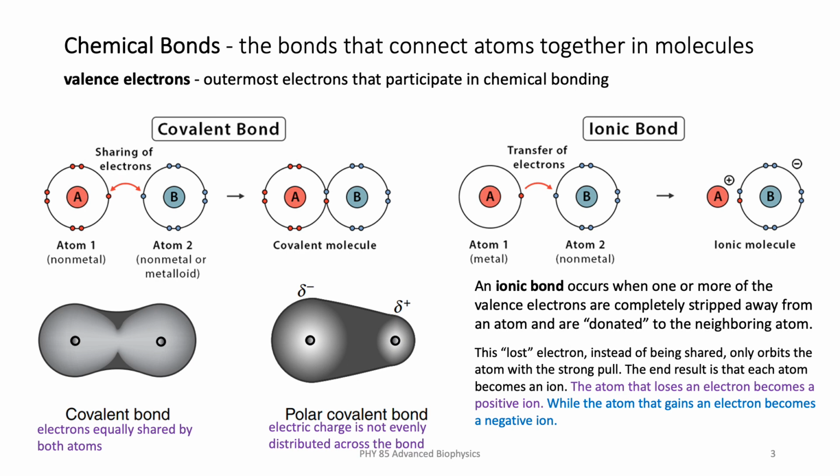When this happens, the electron cloud of the shared electrons leans closer to the atom with a stronger pull, giving that atom a slightly negative charge. The other atom will have a slightly positive charge. In such a case, the covalent bond is said to be polar, meaning that the electric charge is not evenly distributed across the bond.